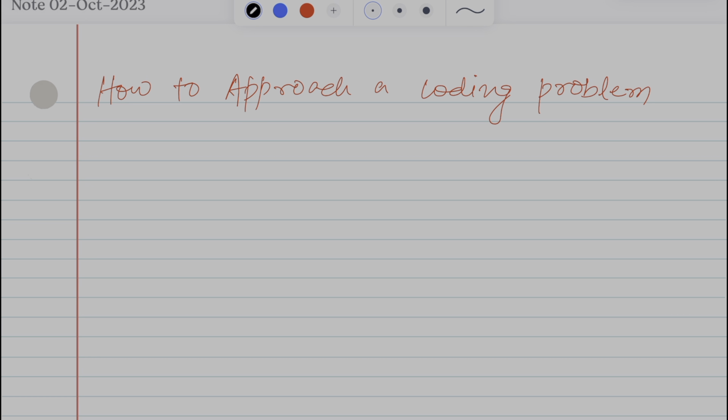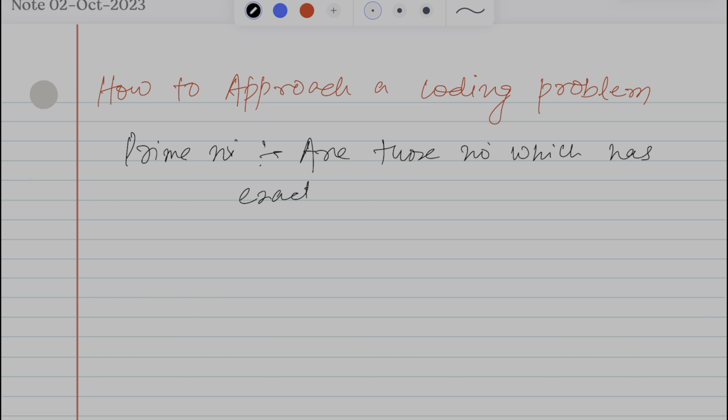Today's problem that we are going to discuss and solve is finding whether a particular number is prime or not. If we talk about prime numbers, I think most of you know about them. Prime numbers are those numbers which have exactly two factors.